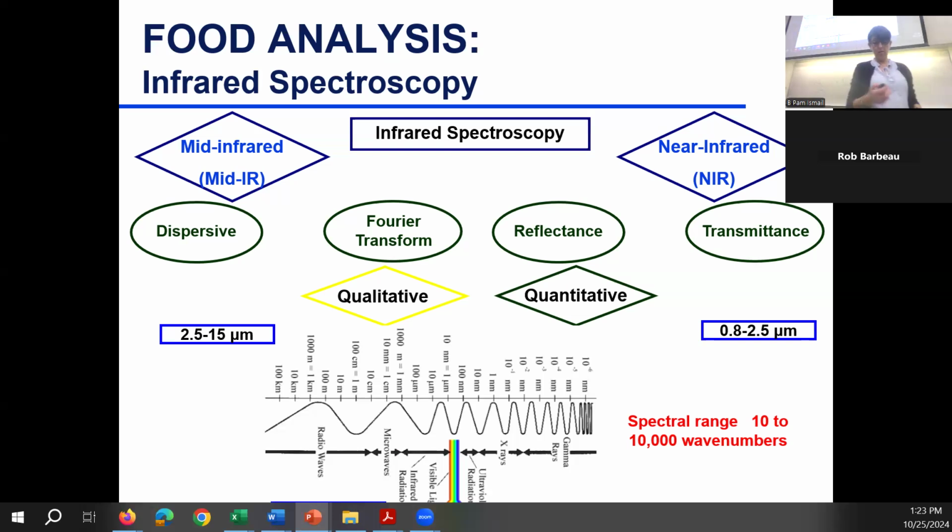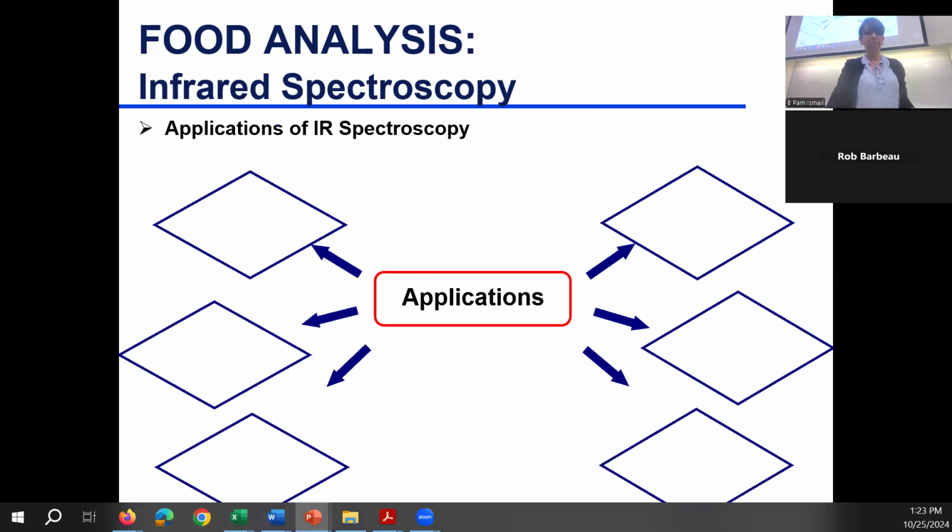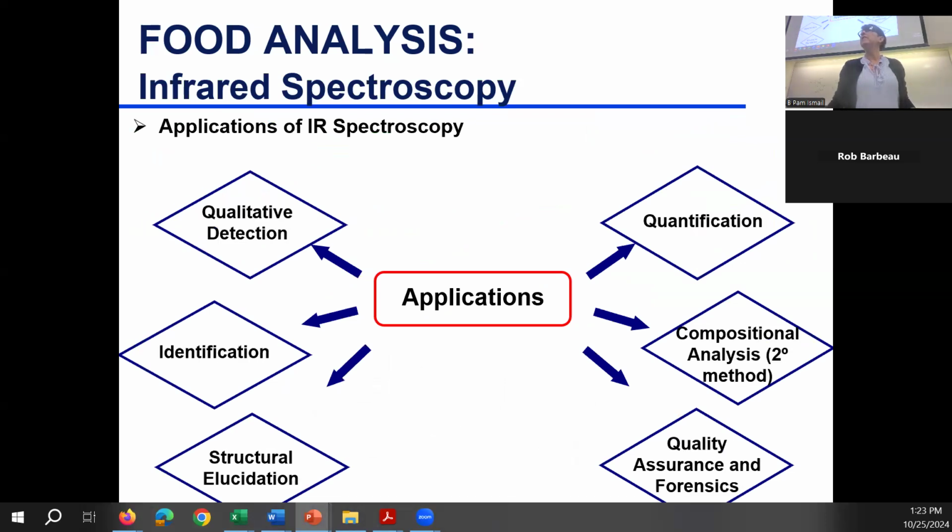All right. So the applications are very similar to UV-vis spectroscopy. We do qualitative detection, identification by having a spectrum that is unique, a fingerprint.